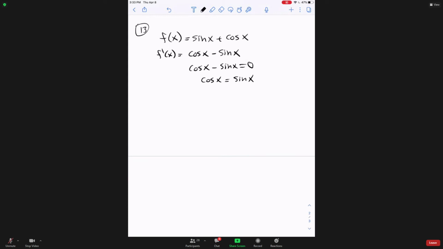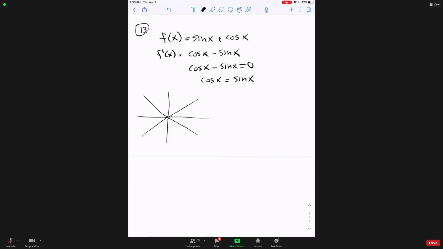Well, remember in the first quadrant, they're the same at 45 degrees, right? Sine and cosine are the same at pi over 4, the 45-degree angle. But if you remember, there are 4 angles where the reference angle is 45 degrees. But where is it where sine and cosine are both positive or both negative?